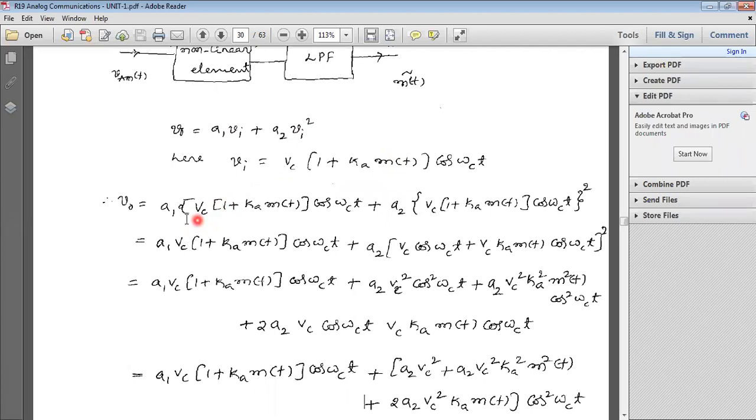We get V naught as A1 into Vc into 1 plus Ka m of t into cos omega Ct, plus A2 into VI square. So substitute in place of VI: Vc into 1 plus Ka m of t into cos omega Ct, whole square.